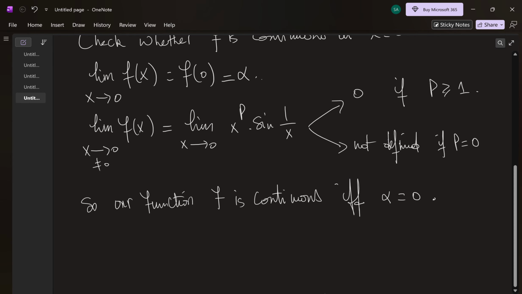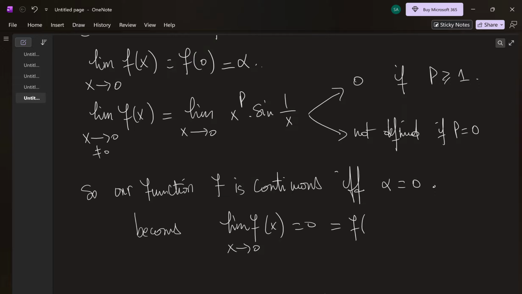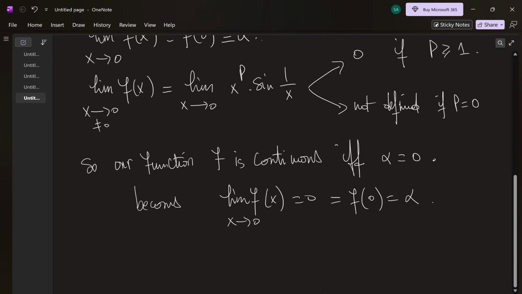Otherwise it is not, because the limit of f of x is equal to 0 when x approaches 0, and should be equal to f of 0, which is equal to alpha. Now we will pass to the next exercise.